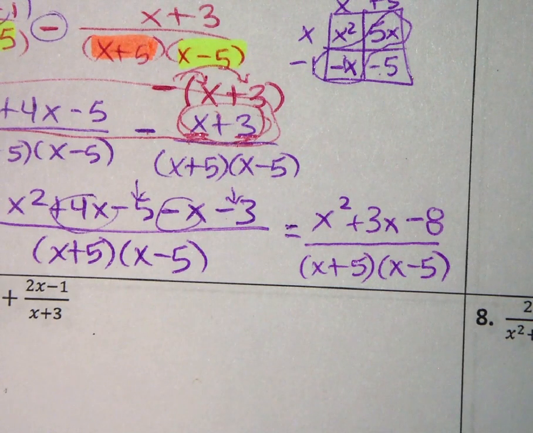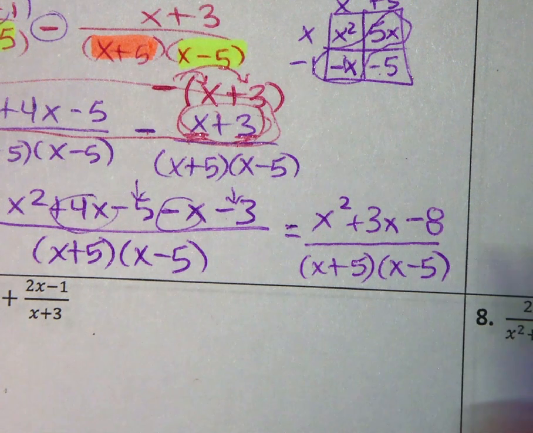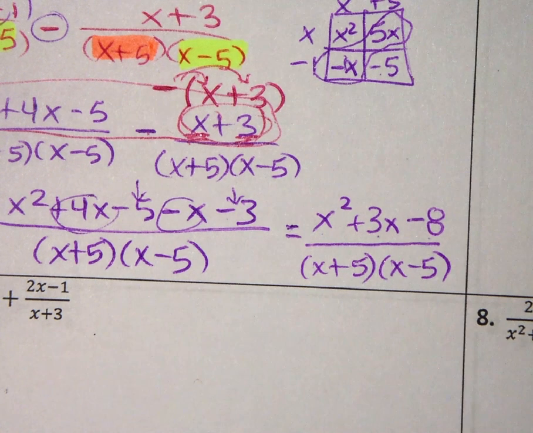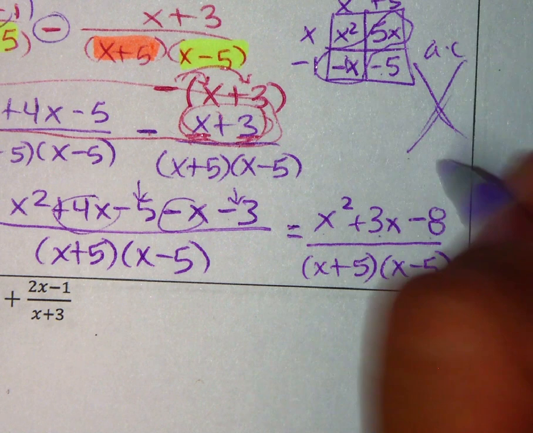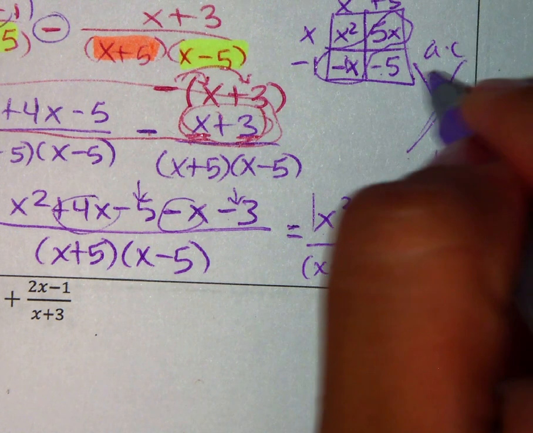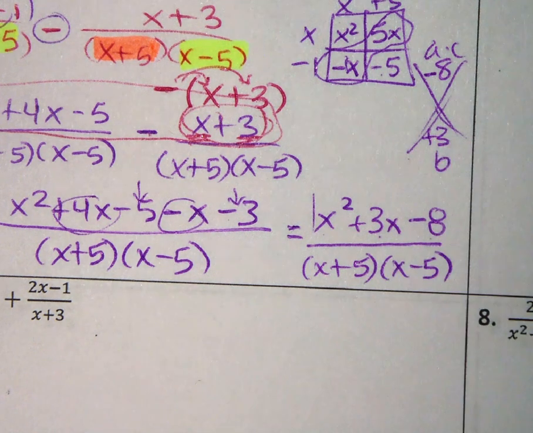All right, so then now we look at the numerator and see if this trinomial can be simplified. So if we think about that, we want to factor it, and then a times c and b. 1 times negative 8 is negative 8, and then b is positive 3.